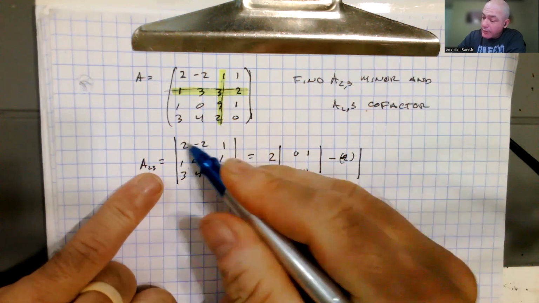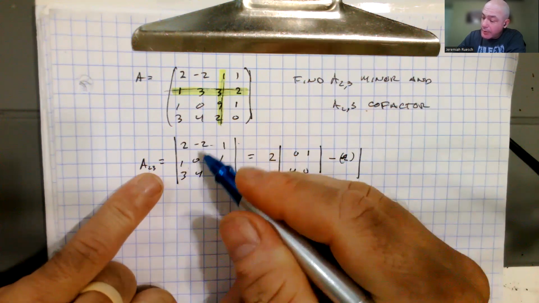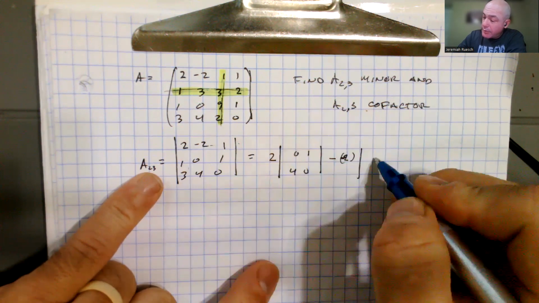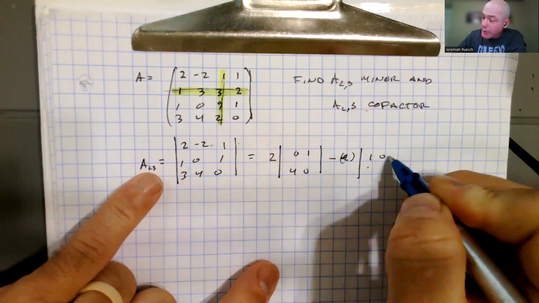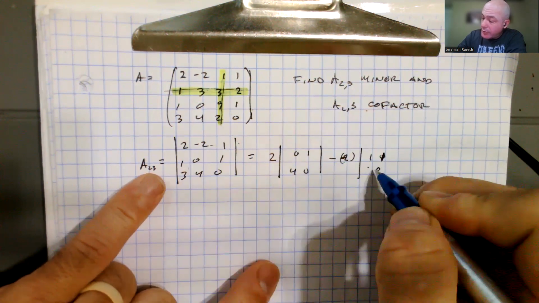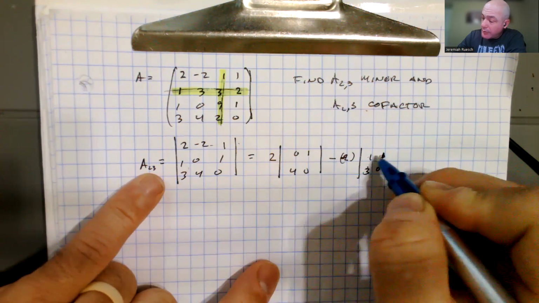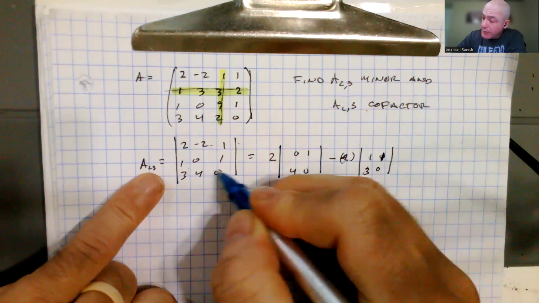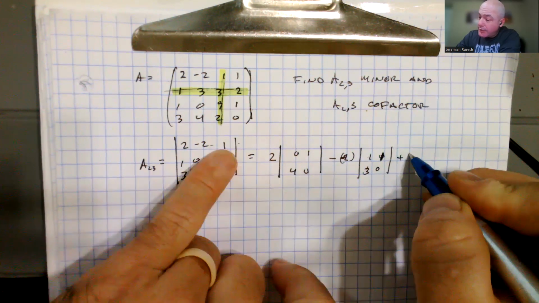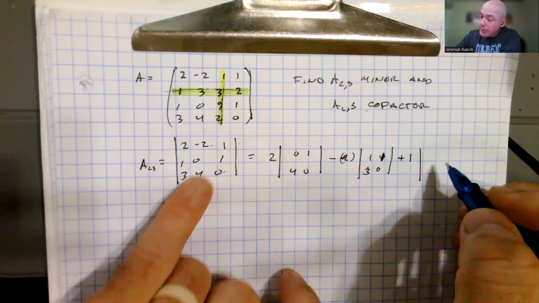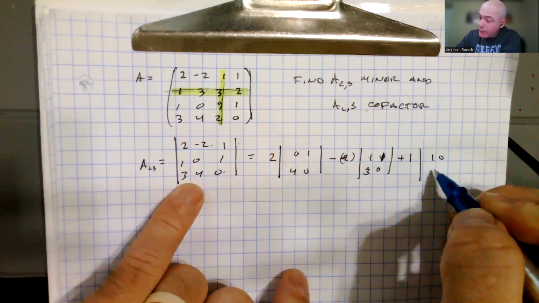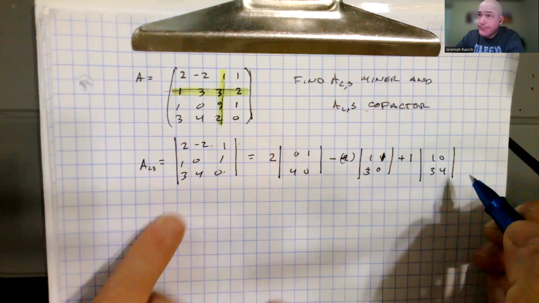That's this one, so this row and this column. We have 1, 1, 0, 3. And then plus this one, and the matrix 1, 0, 3, 4.